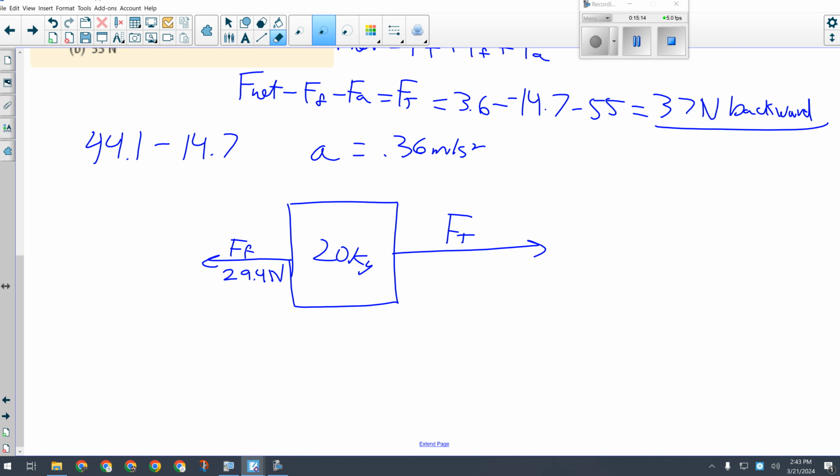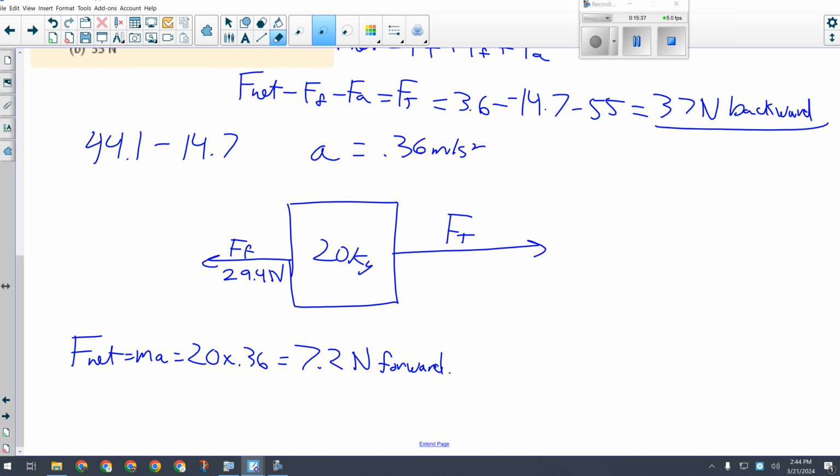I have mass, I have acceleration. Okay, I've got 7.2 newtons of net force forwards.